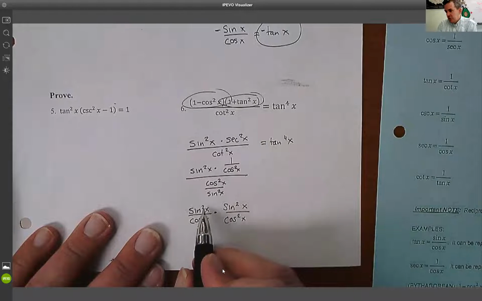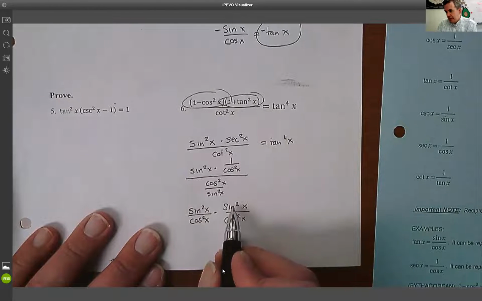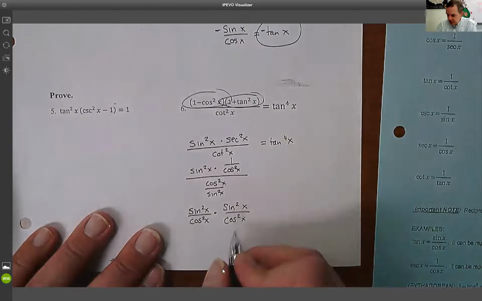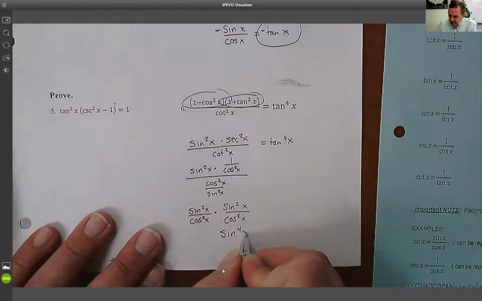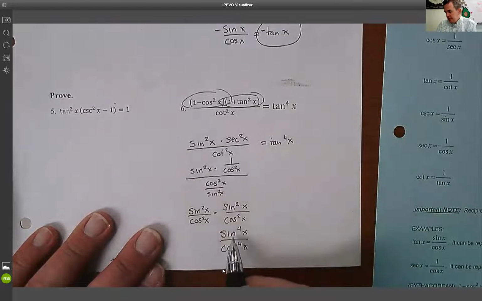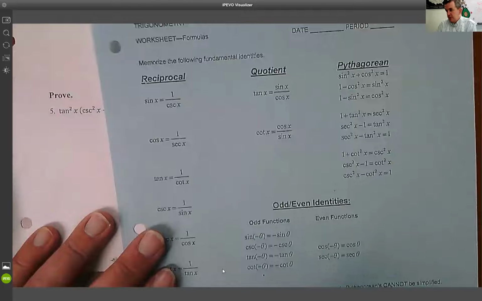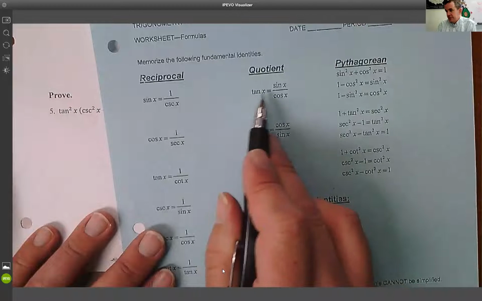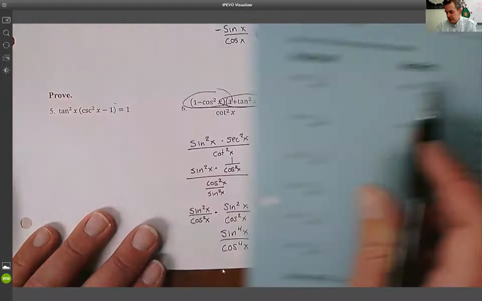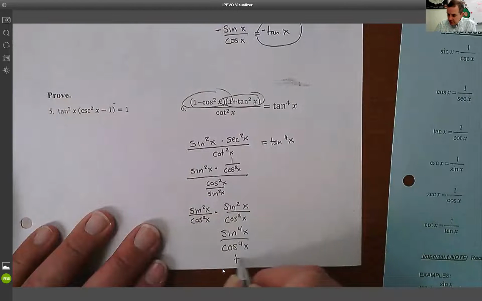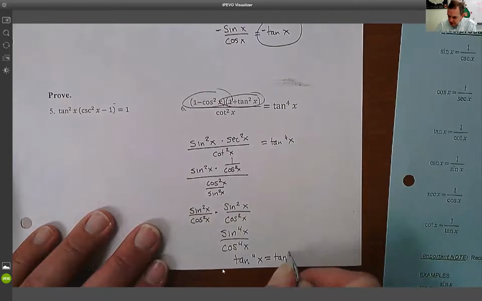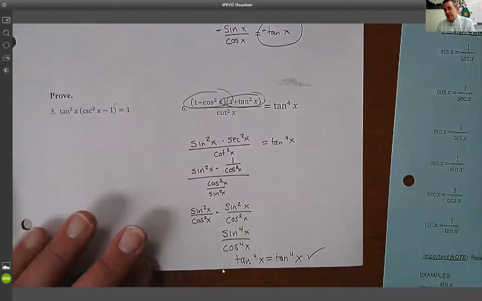Sine squared times sine squared, 2 plus 2, gives me sine to the 4th x over cosine to the 4th x. Following the same logic with our quotient identity, sine over cosine is tangent, so sine to the 4th over cosine to the 4th is tangent to the 4th. So this last line is tangent to the 4th x equals tangent to the 4th x, and I verified that.